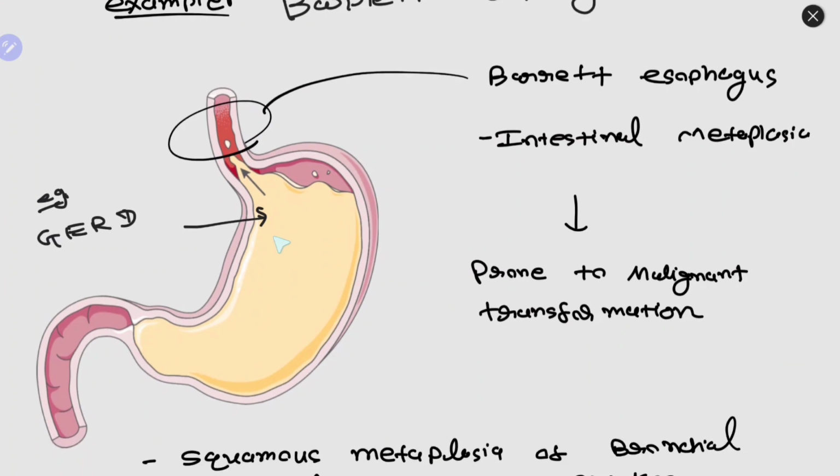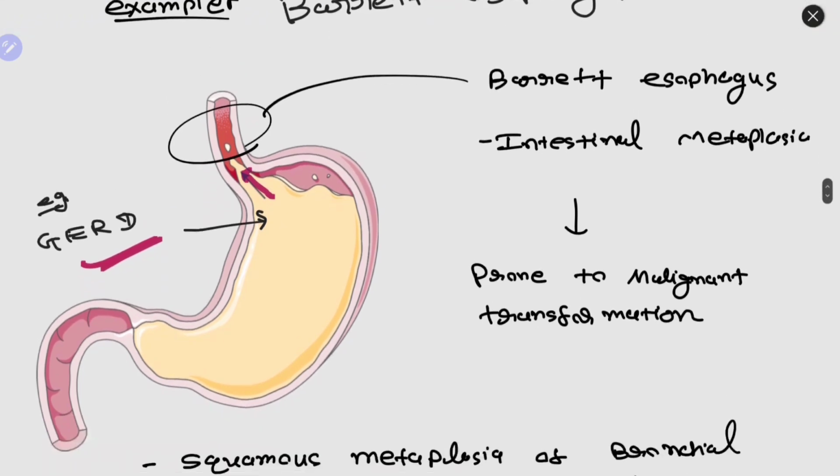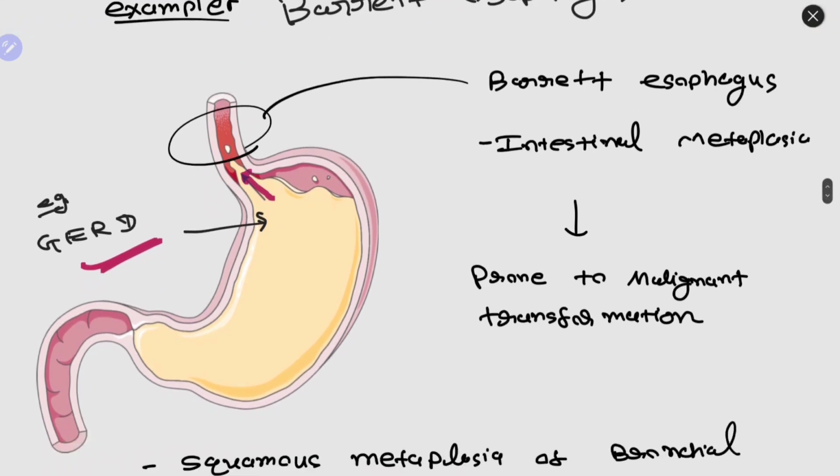In diseases like gastroesophageal reflux disease, acid is frequently regurgitated into the esophagus, and as we all know, the esophagus has which kind of epithelium? Stratified squamous epithelium.